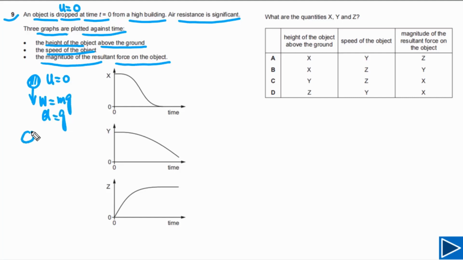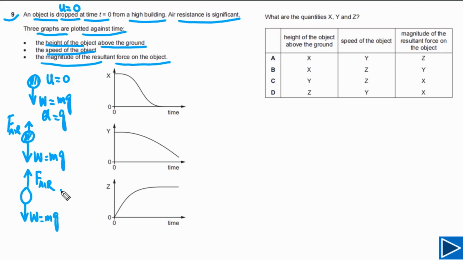But as this object will fall down, means it will move downwards, gravity will not change, W will still stay the same, W will be equal to mg, but air resistance will start to increase. So this is air resistance. It will increase with speed. And when finally the object has reached terminal velocity, air resistance will be equal to weight.